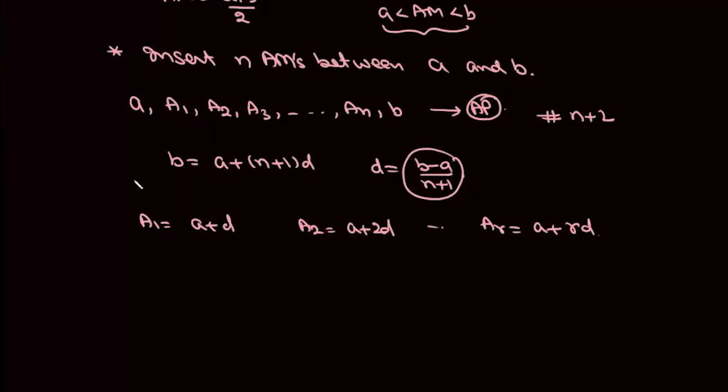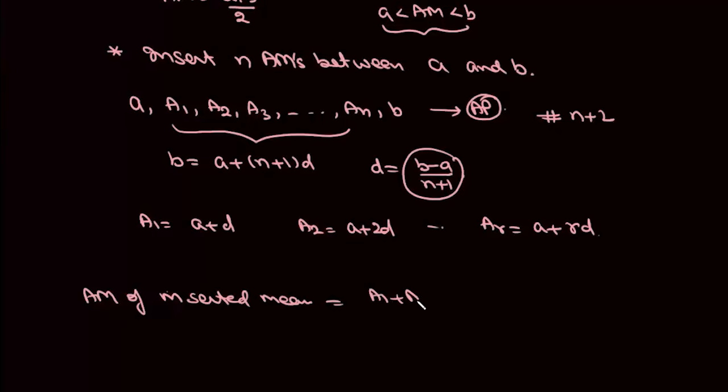And if we look at the arithmetic mean of all these AMs, then it is simply (a1 plus a2 plus up to an) divided by n. Now this is (a plus d, a plus 2d, up to a plus nd) whole divided by n.